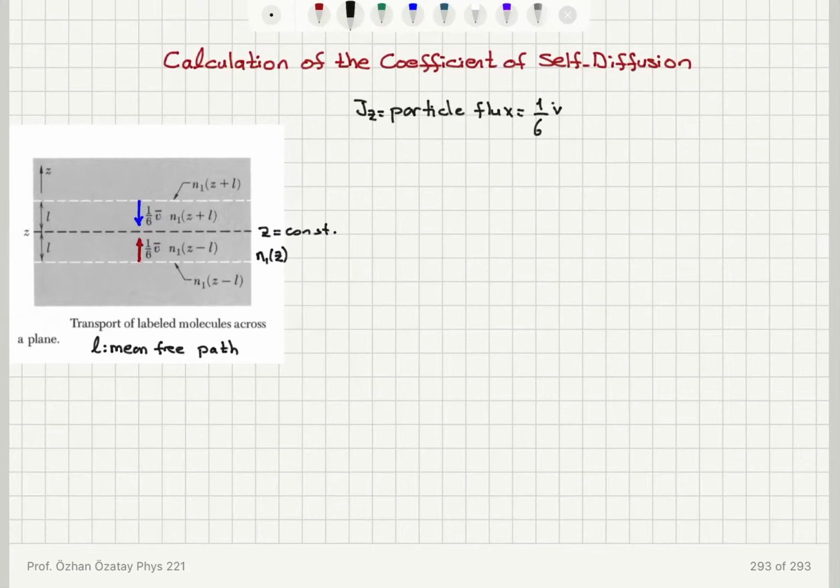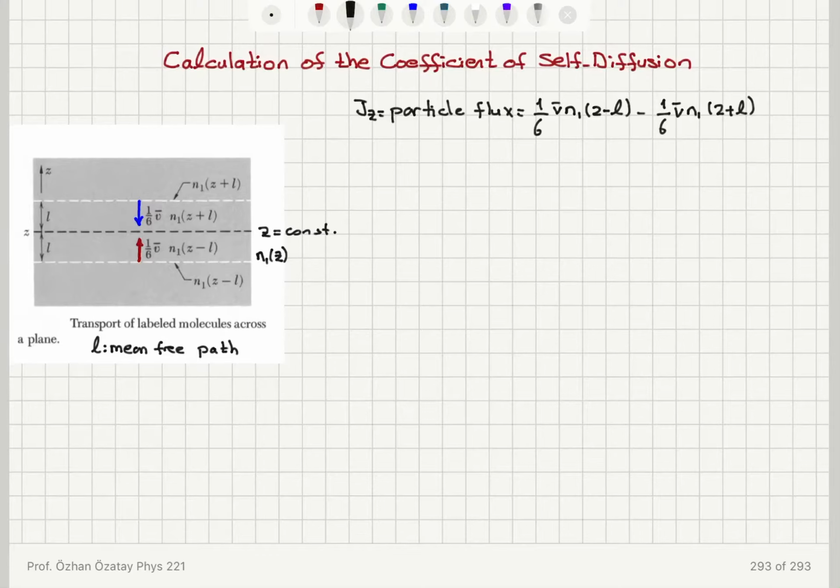So mean speed per molecule, concentration of molecules that was measured at Z minus L, minus the number of molecules that are going below the Z equals constant plane. So this is 1/6 V bar and N1 at Z plus L, per area per time.